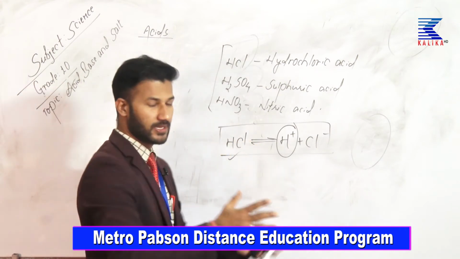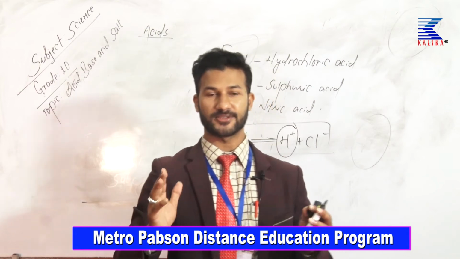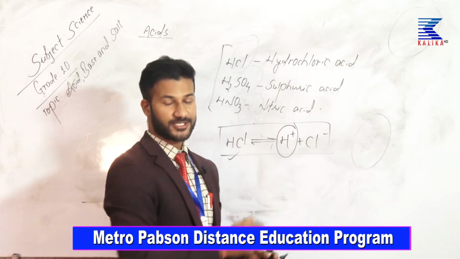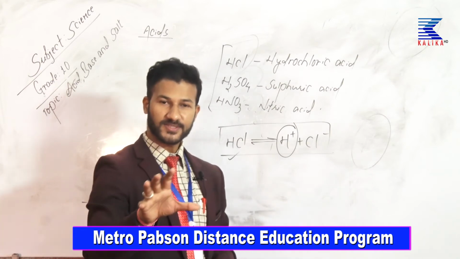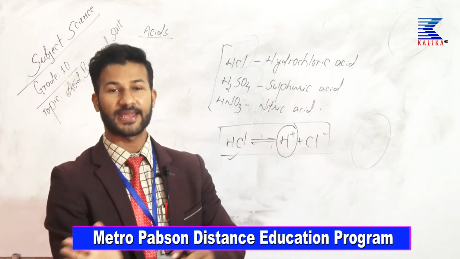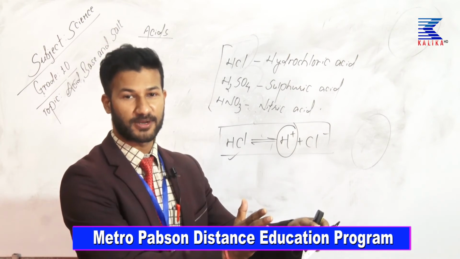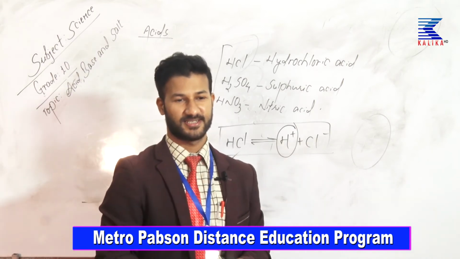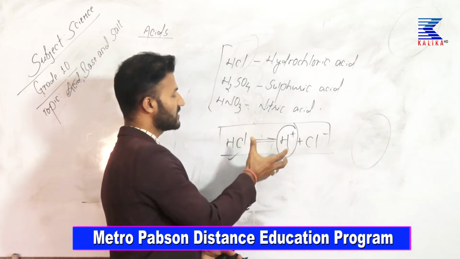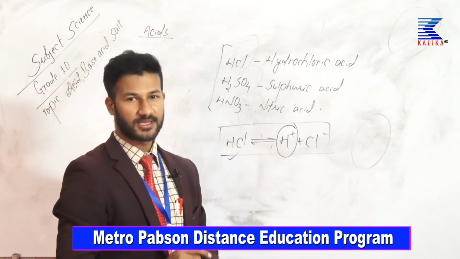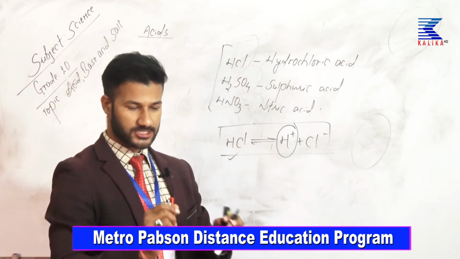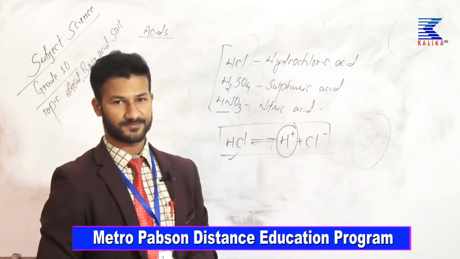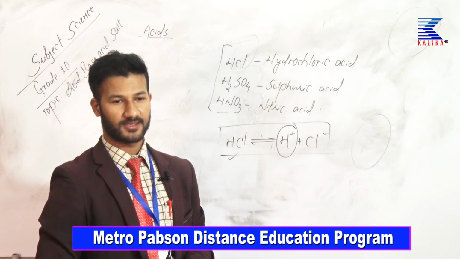Since large concentration of hydrogen ions are produced in water, they conduct electricity very well, because ions are responsible for carrying electrons from one position to another. So conducting current is easier with the solution of hydrochloric acid, sulfuric acid and nitric acid, because they are strongest of others. So you must know this.